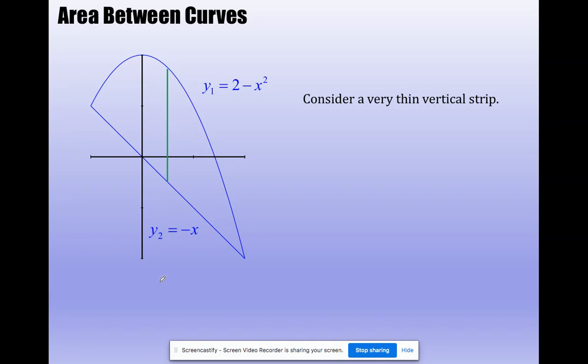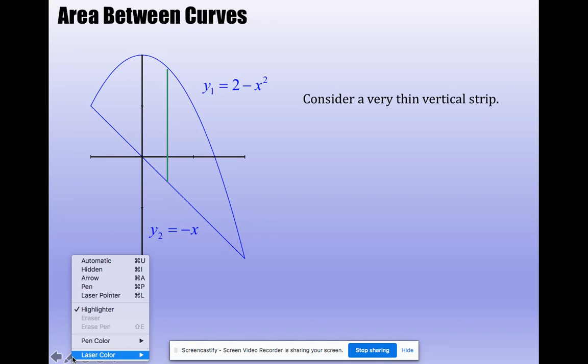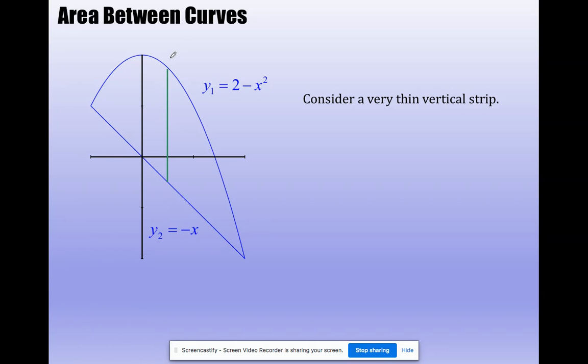So here's just a nicer, prettier strip, but I want you to see and focus. So hopefully you're drawing this in your notes. The top of my strip is on the parabola. The bottom of my strip is on the line. And as I click and drag this strip through here, sometimes my strip is shorter over here.